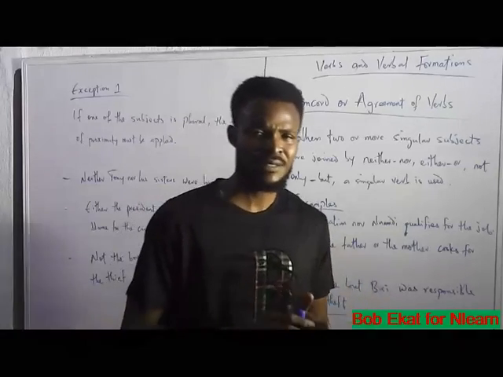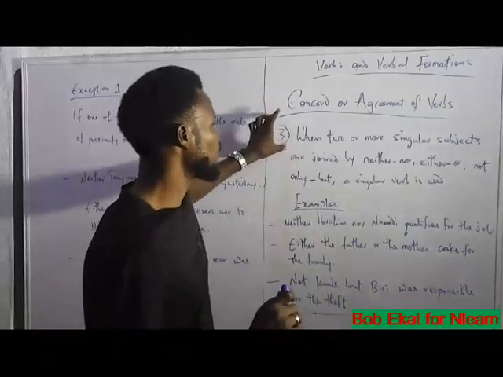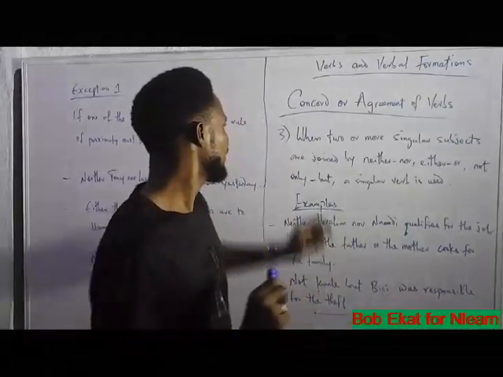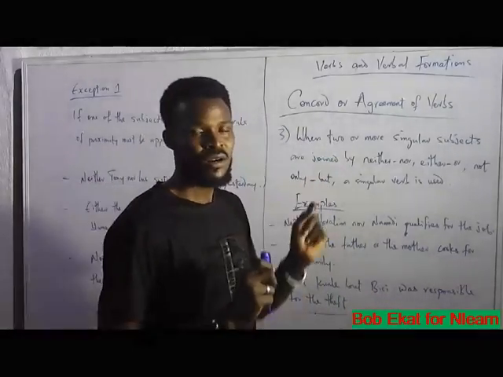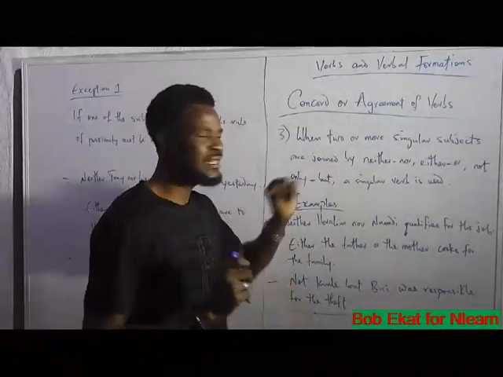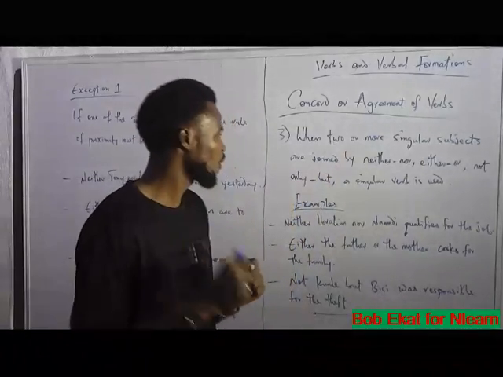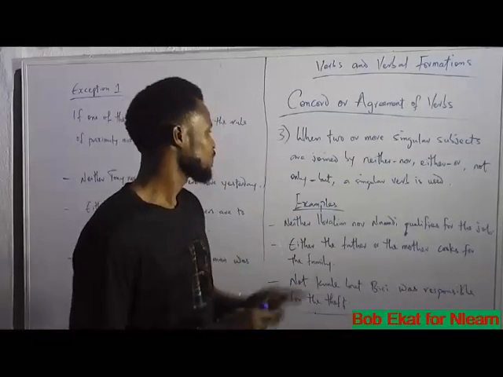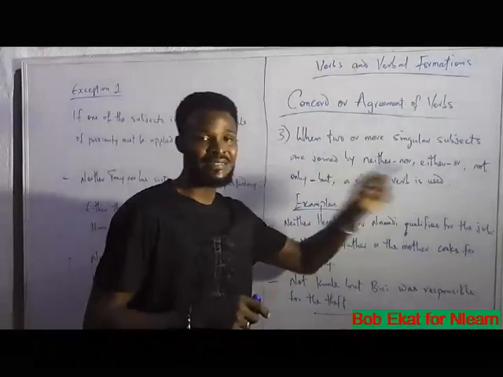Now let us look at the third rule of Concord. That rule is when two or more singular subjects are joined by neither nor, either or, not only but, a singular verb is used.